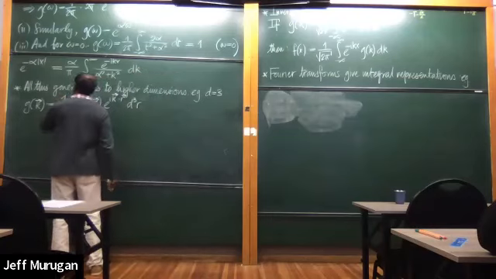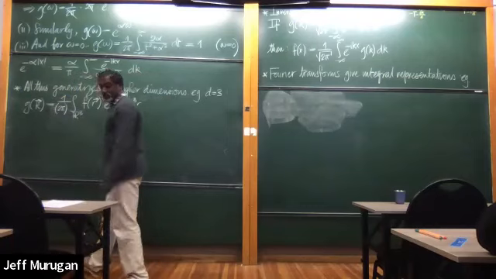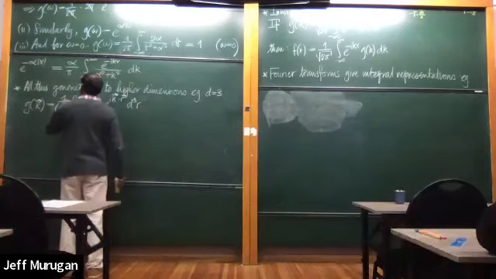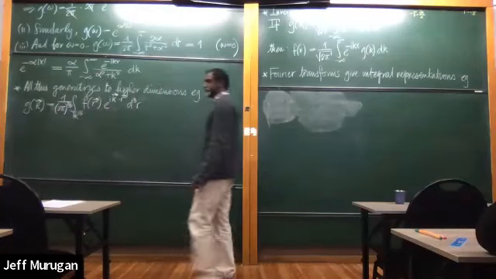The only thing that will be affected by this is the normalization. It should go like 2 pi to the power of dimension over 2.